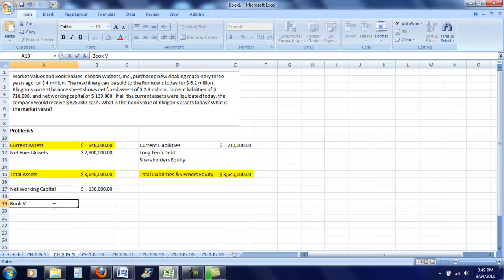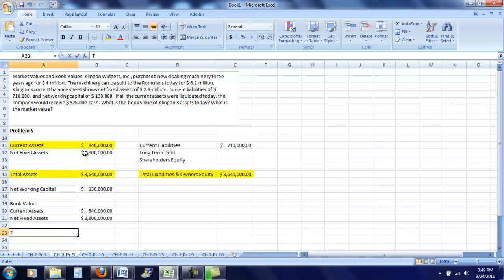We have enough information to solve this problem. Book value. We have current assets, net fixed assets, total assets.